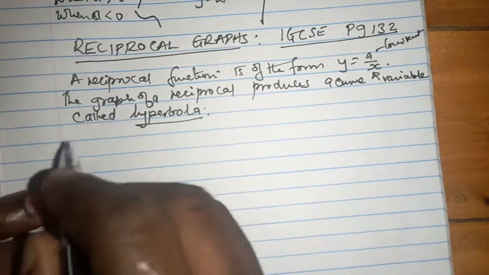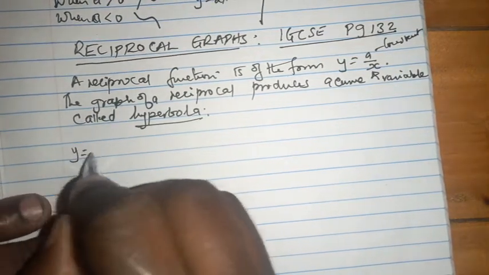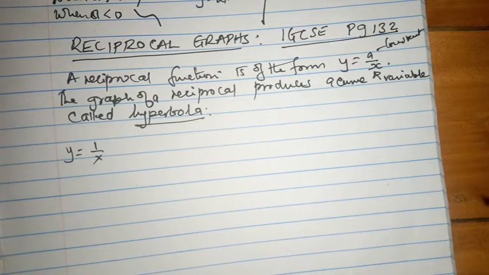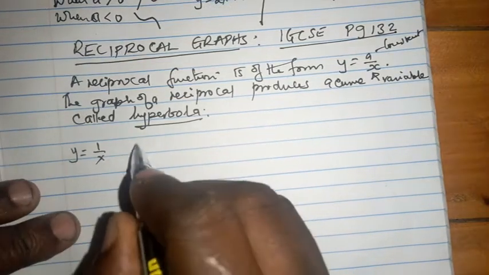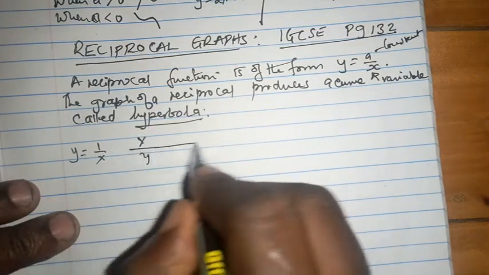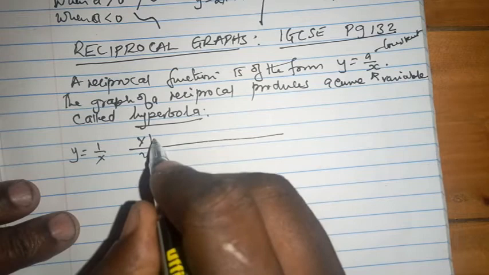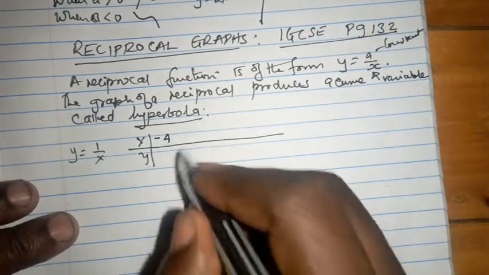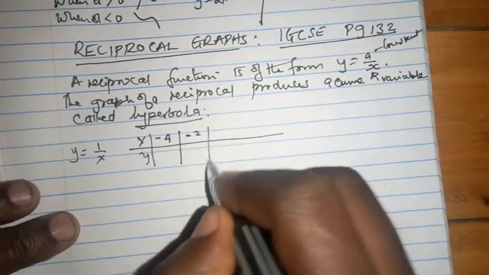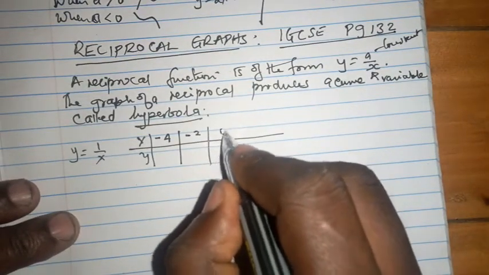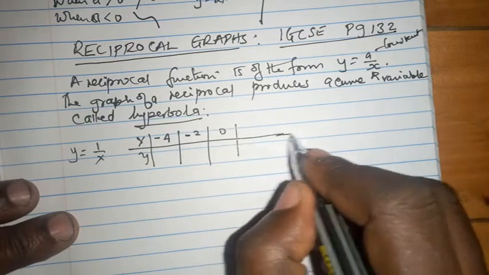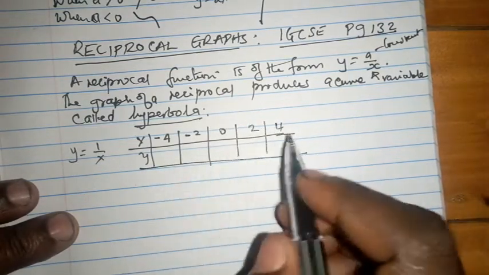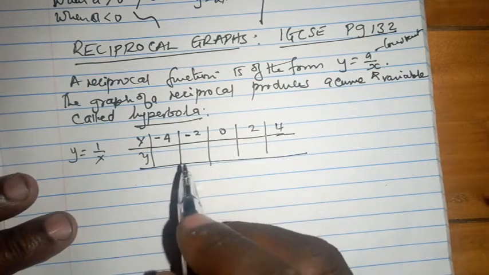If we talk about y = 1 over x, I'd want to think that we may have x and y here. When x is minus 4, minus 2, we could have 0, we could have 2, we have 4. Not that I'm ignoring the others, I just want to get a clear picture.